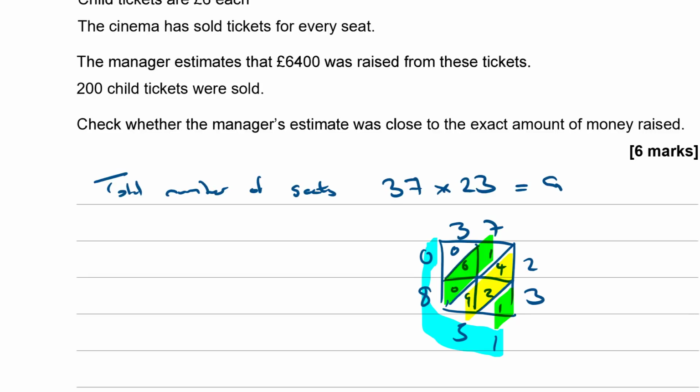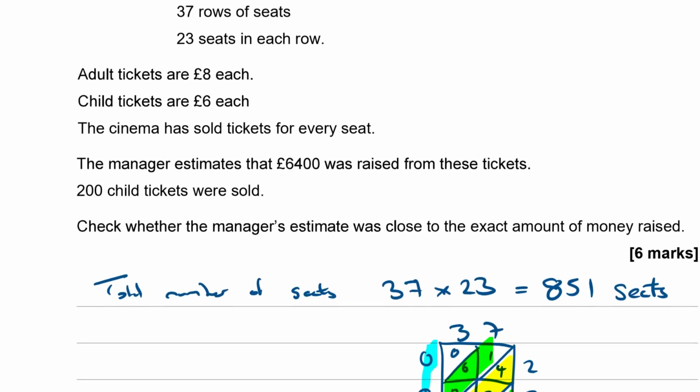So there are 851 seats altogether. Okay? So we've dealt with the number of rows and the number of seats, and that gave us 851. Okay, where to go next? So we've got 851 seats altogether, and we know that 200 child tickets were sold.